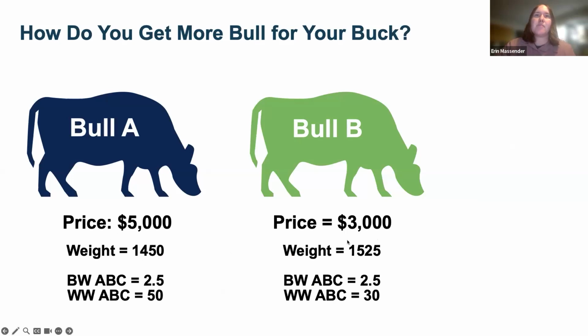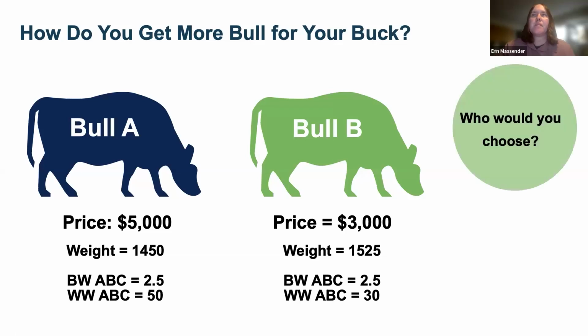Market weights here are for the two bulls. Bull B is a little bit heavier, and they both have the same genetic merit for birth weight. But bull A, let's say, has a 20-pound higher EPD for weaning weight. What does that translate to in terms of value to our operation? And who would we choose?